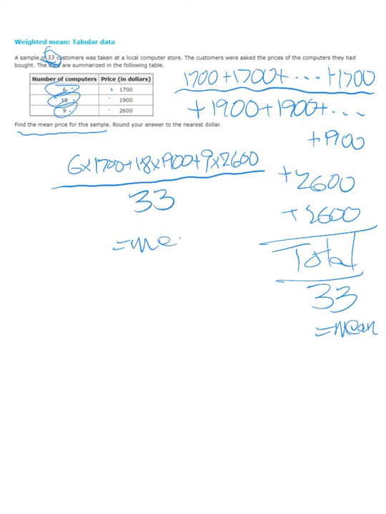That's going to give me my mean. So we are multiplying that times that, that times that, that times that, getting a total, dividing by 33, which in that case is the total of those frequencies there.